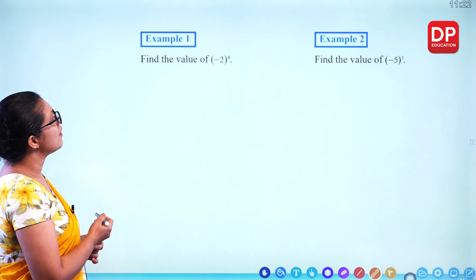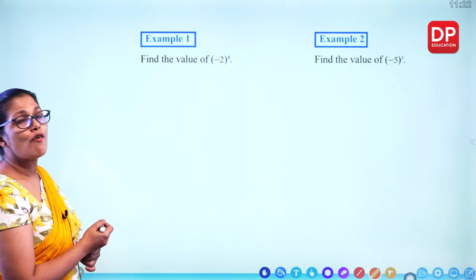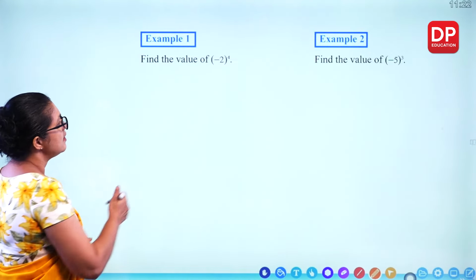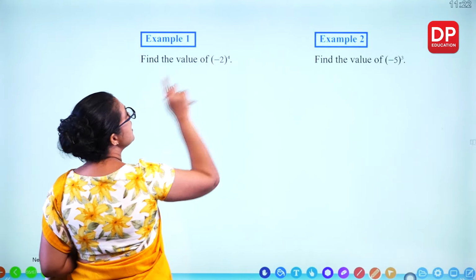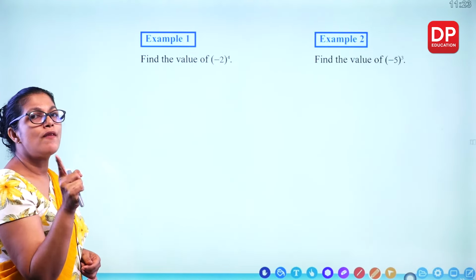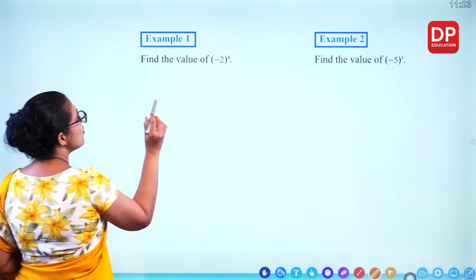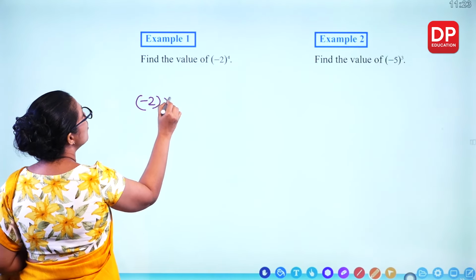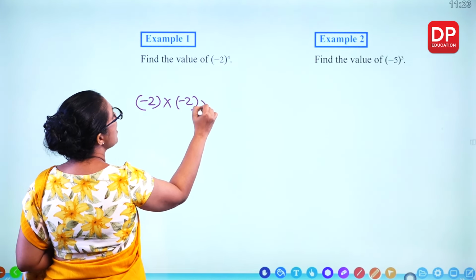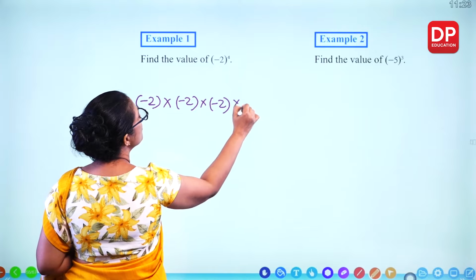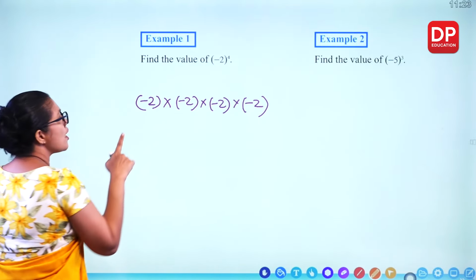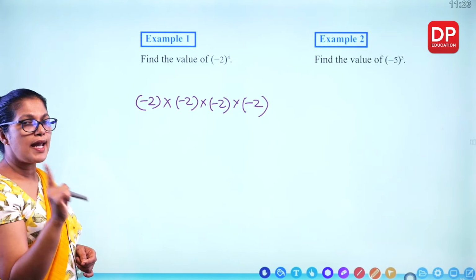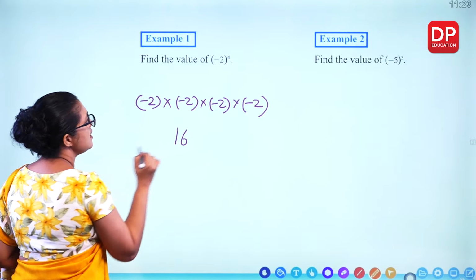Example number 1. Find the value of negative 2 to the power 4. We know that any negative number with an even power is always positive. So you get a positive answer. So minus 2 times minus 2 times minus 2 times minus 2. So 2 times 2, 4, 4 times 2, 8, 8 times 2, 16 is the answer.